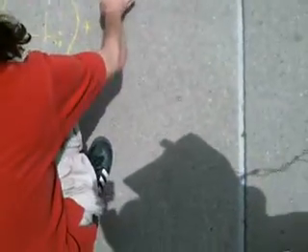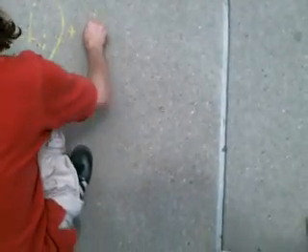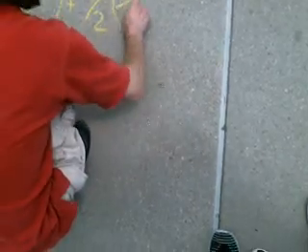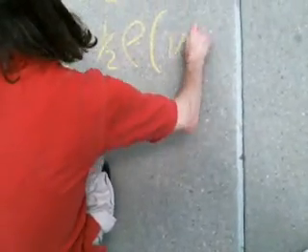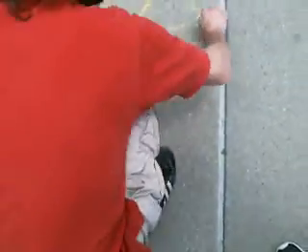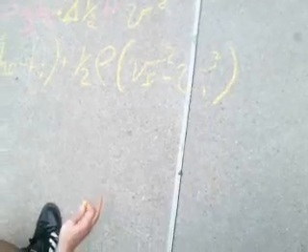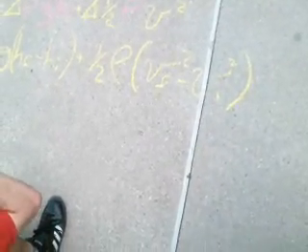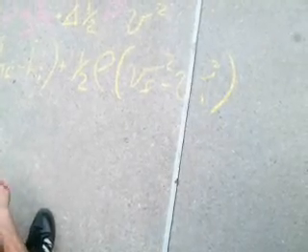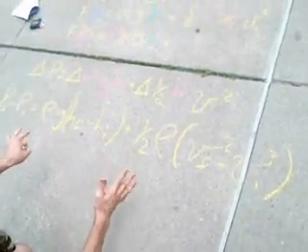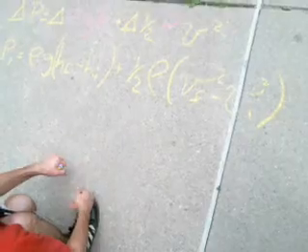And then we will add a 1/2 rho (vF squared minus vI squared). Cool? Simple? Very. All right, but it's just based on conservation of energy, fluids flowing through pipes, whatever, and this is what we'll call the Bernoulli equation.